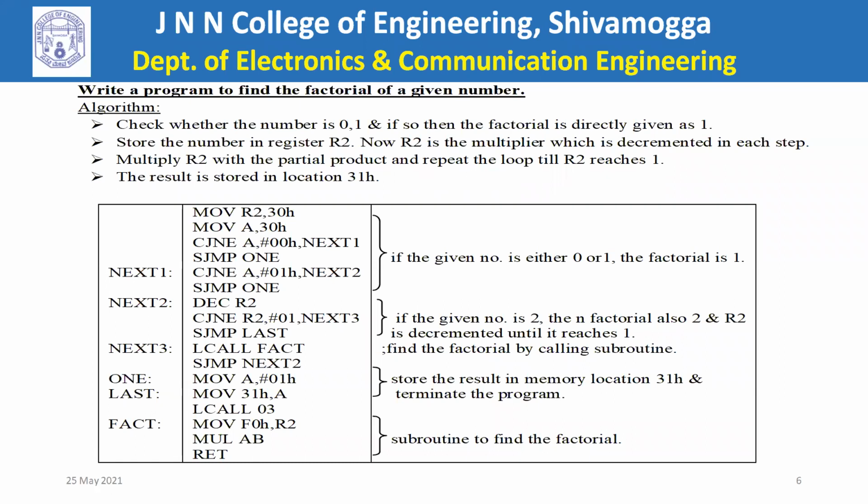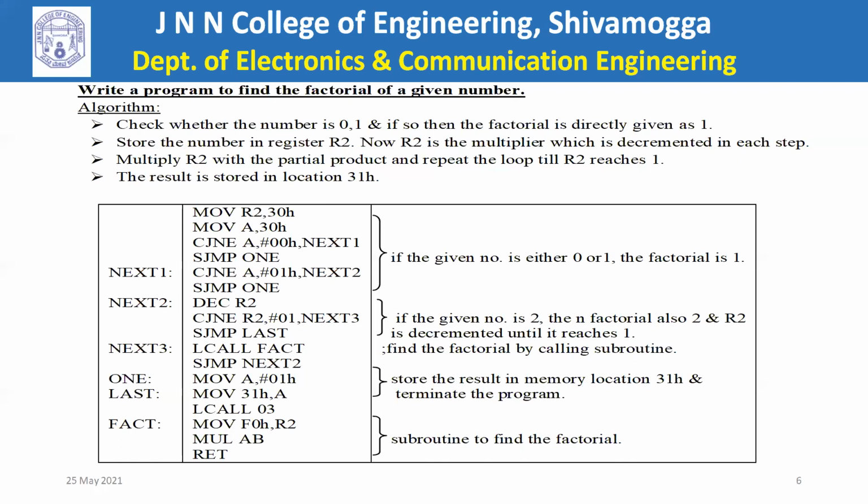And later you have to store the number in some register. In this case, we have used R2, which is the multiplier which is decremented in each loop. Multiply R2 with the partial product and repeat the loop until R2 reaches 1. The result is stored in the location 31. Simple program to find the factorial of a number.